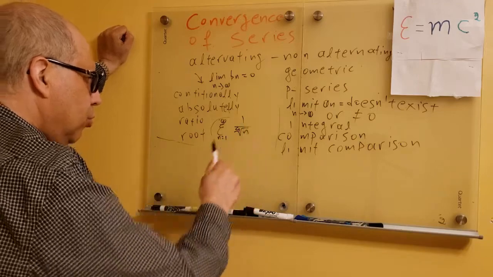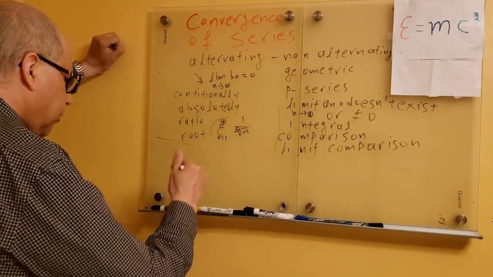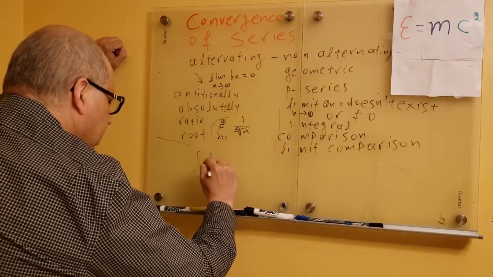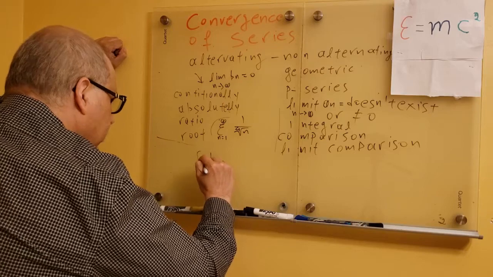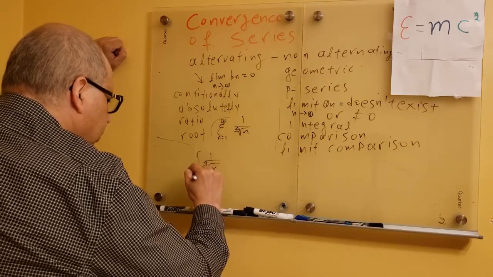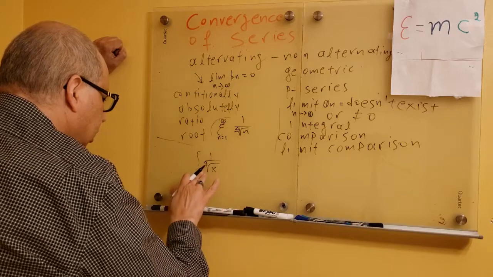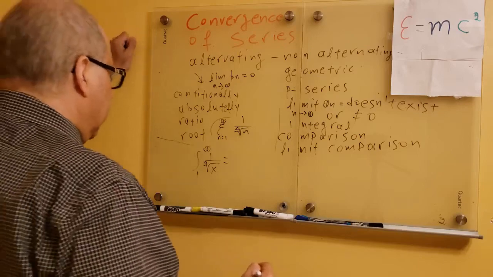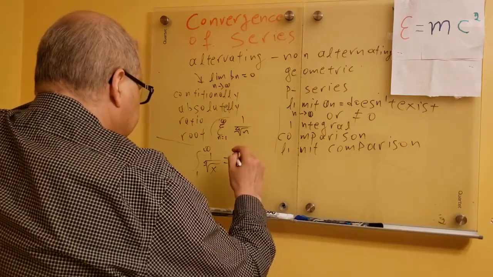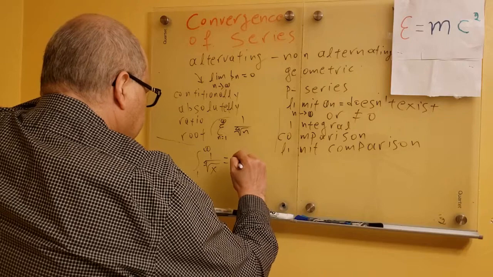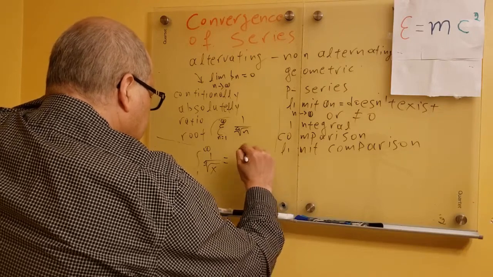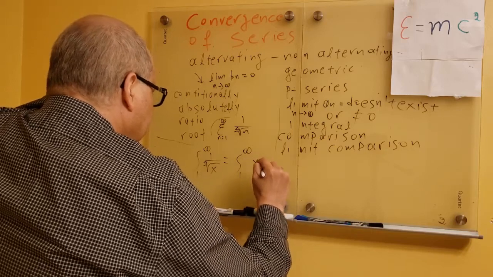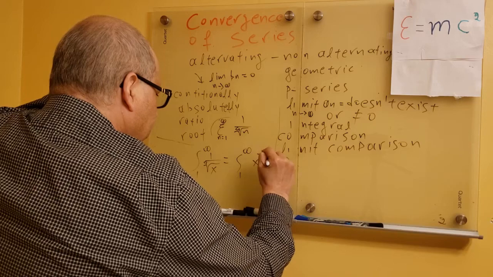I believe that this should go by integral, because if you find the integral of 1 over the 4th root of x, from 1 to infinity, we can also write this as x to the minus 1/4.